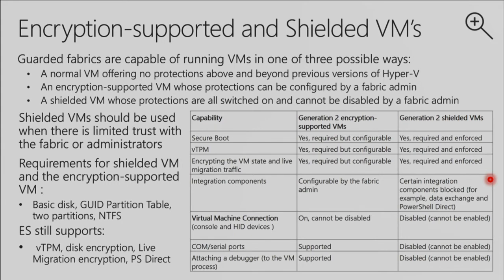Only a person, the workload administrator, could connect, basically using remote desktop protocol, to have access to that machine. There is no way to have local access to that machine. So features like PowerShell Direct are not working anymore, by the way. Most features are not working.